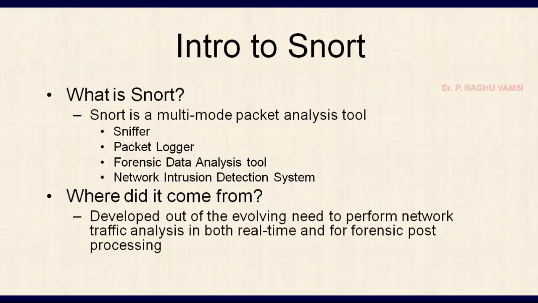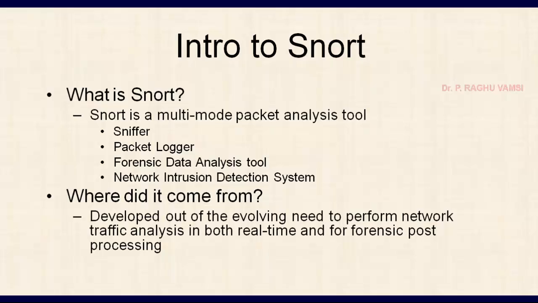As we have seen in the previous videos, how to use Wireshark for analyzing malicious traffic. Such malicious traffic is available if you want to analyze for the wrong things in a particular traffic. Especially it will happen in forensic analysis. That also you can do with Snort, and it can also be used as a network intrusion detection system.